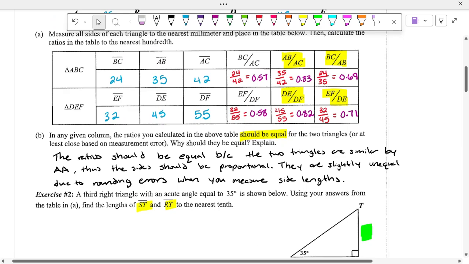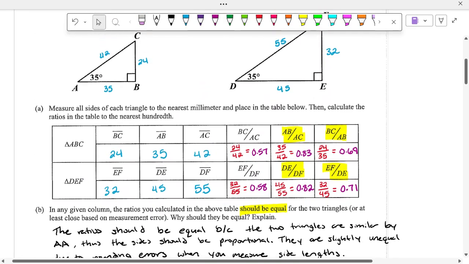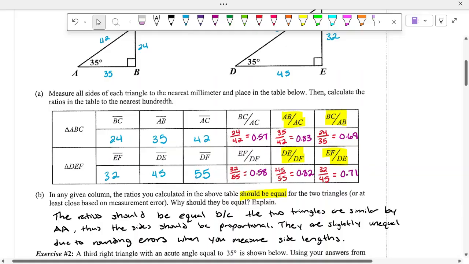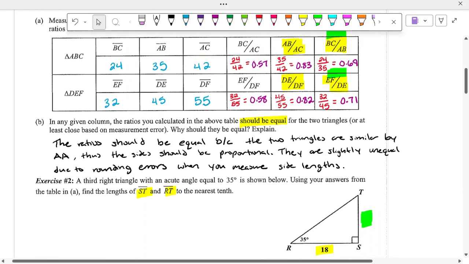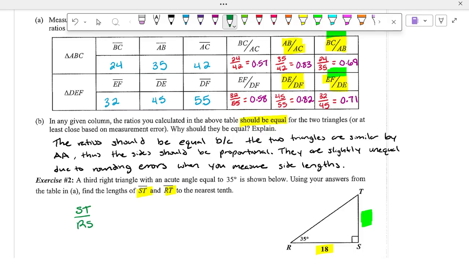So in other words, find the corresponding side to ST. So BC and EF. So that means we would have to use these two proportions. And it doesn't matter which one we use. So that means we're going to do ST over RS, because we're dealing with corresponding sides, and set equal to, let's do the top one, so BC over AB.